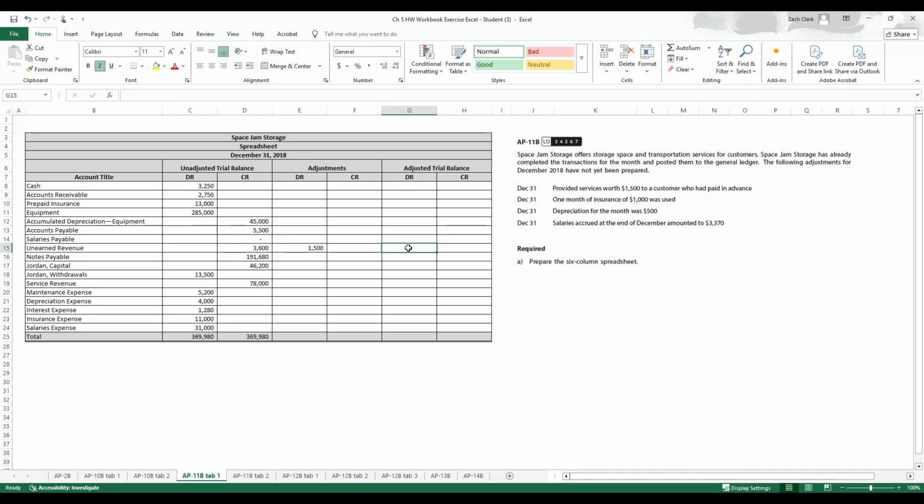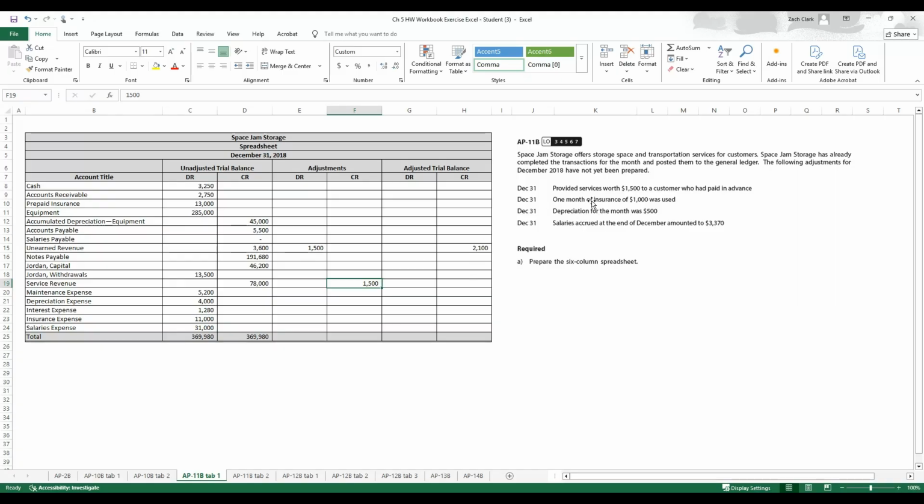We're debiting that to reduce it. Our credit minus a debit, so we have $2,100 left, and revenue will increase by $1,500 to reflect the fact that we have now earned that amount.